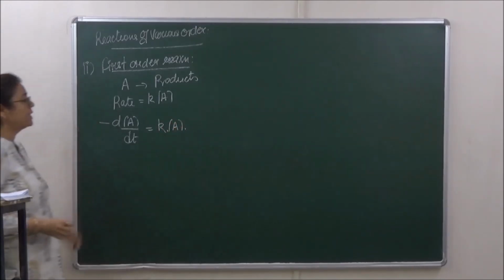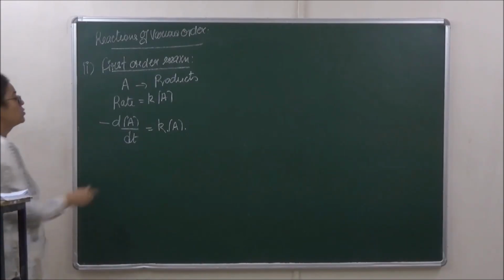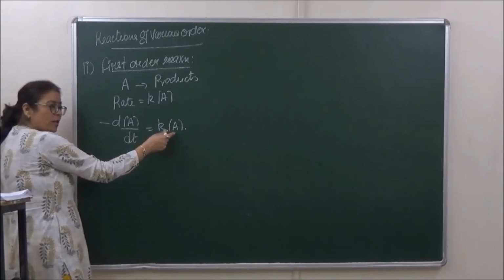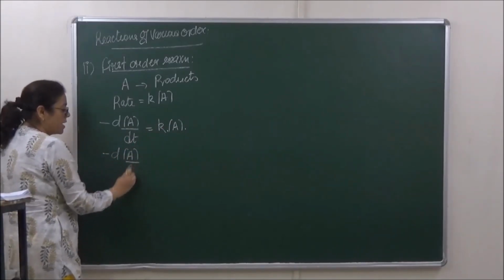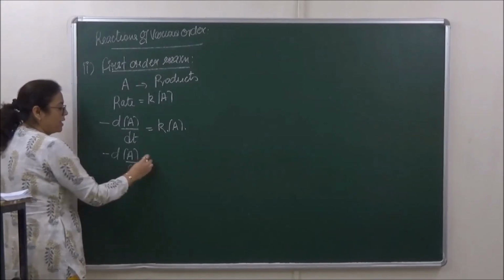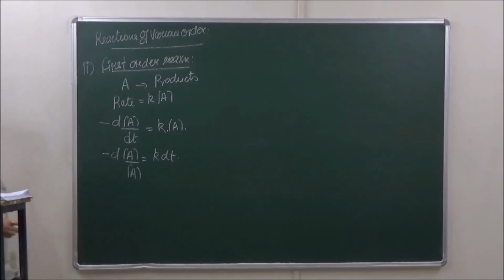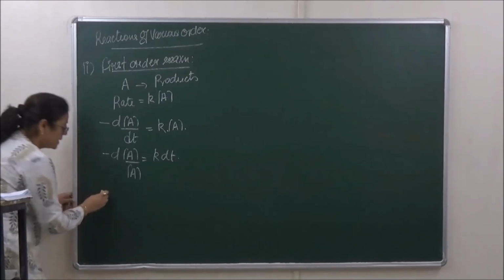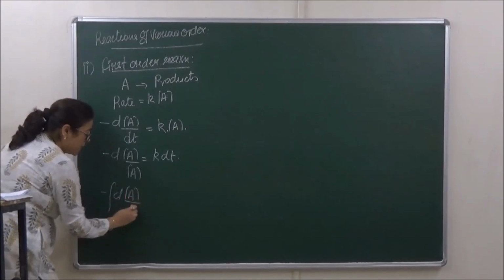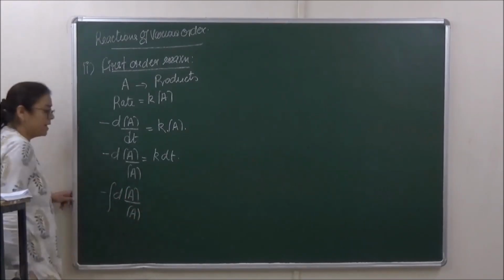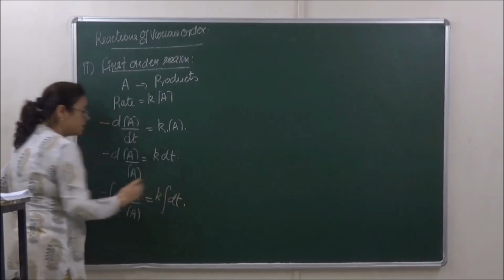In order to get the integrated rate law expression, we have to integrate these terms. So we get the like terms together. We have minus d of concentration of A upon concentration of A, that is equal to K dt. Integrating on both sides, we will have minus d of concentration of A upon concentration of A, that is equal to K into dt.